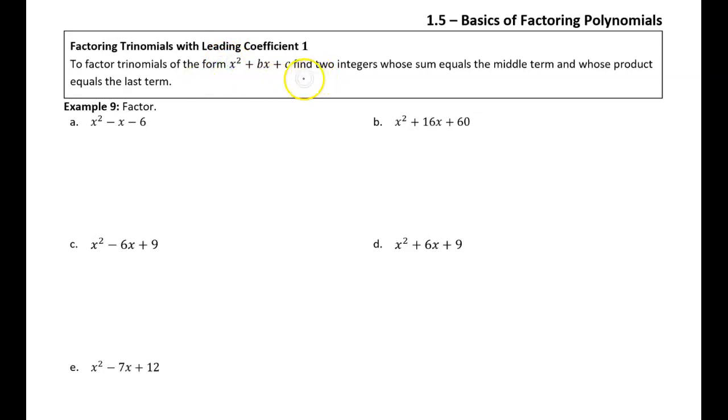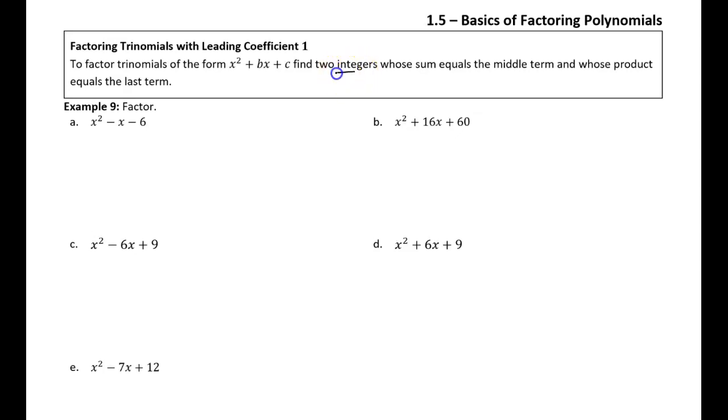When we have this, we want to find 2 integers. And by integers, we mean whole numbers that are either positive or negative, no fractions, no decimals, whose sum, when I add them up, equals the middle term, and whose product equals the last term. So all of this really means we're looking for 2 numbers, right?